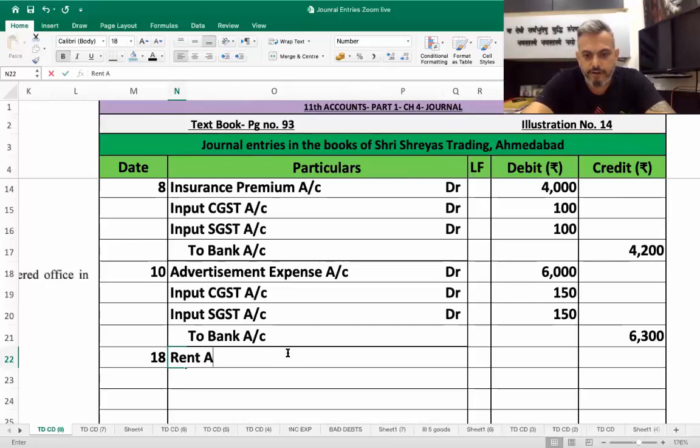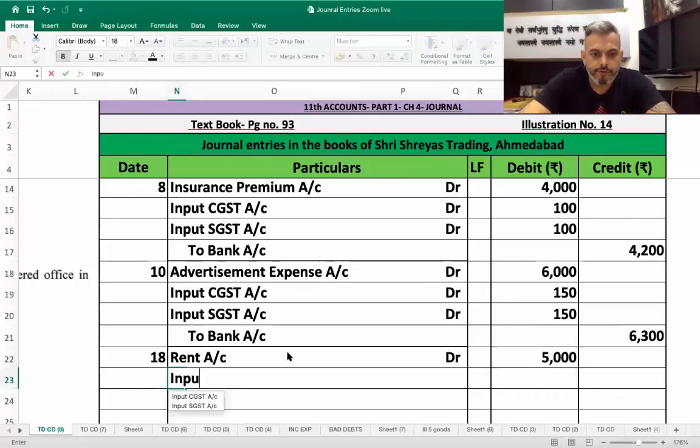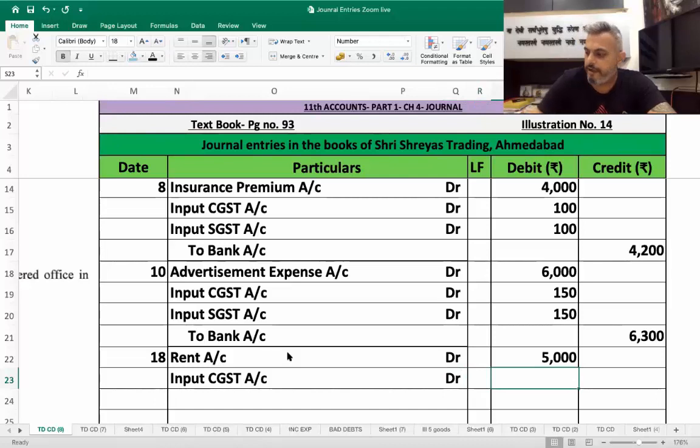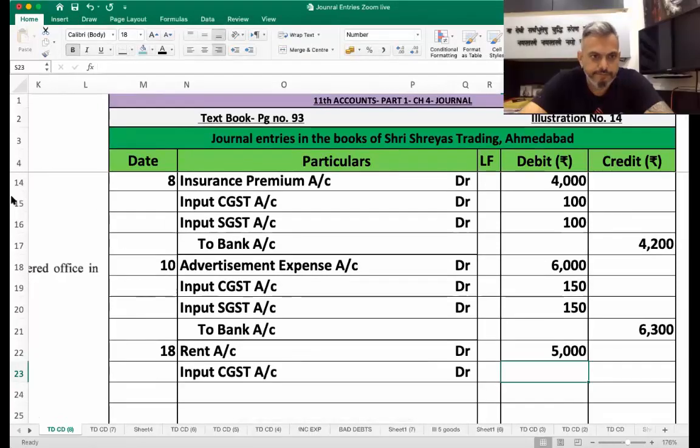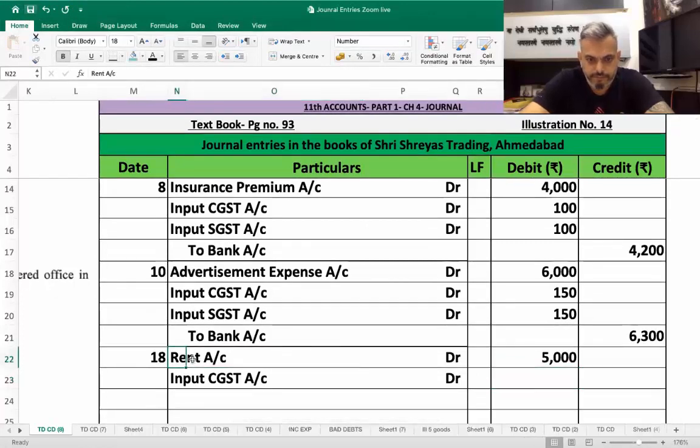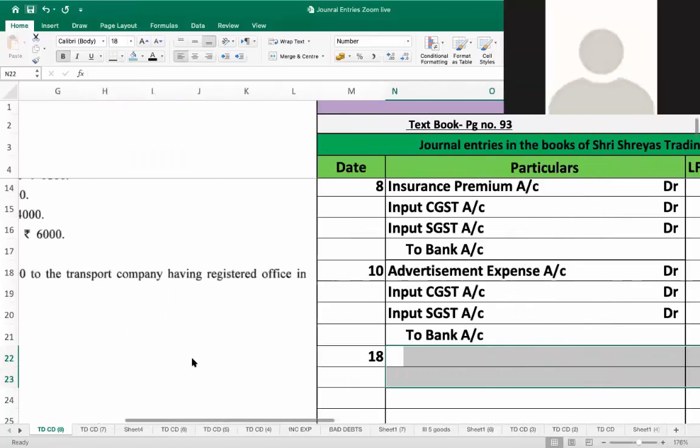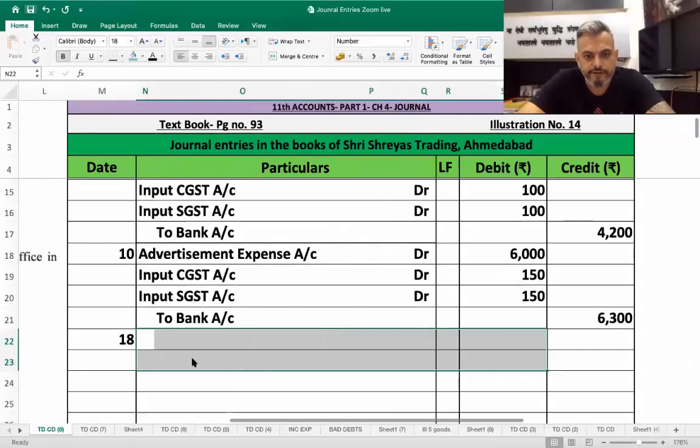Now rent received by check 5,000. So rent account debit 5,000. Input CGST account debit 5,000 into 2.5%, 125. Rent is received by check.